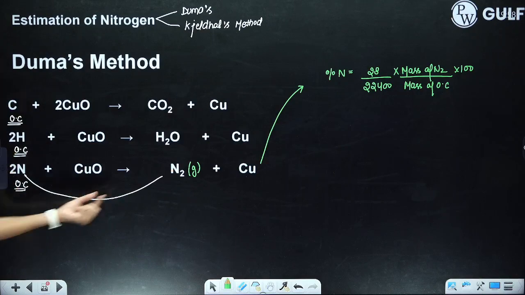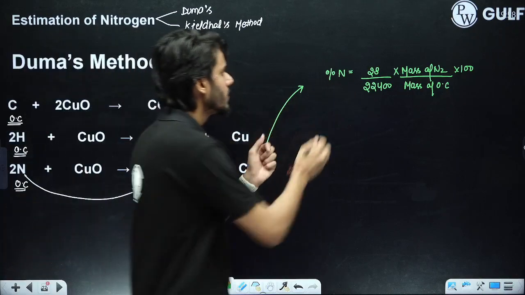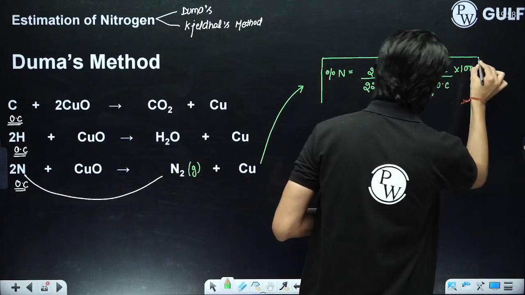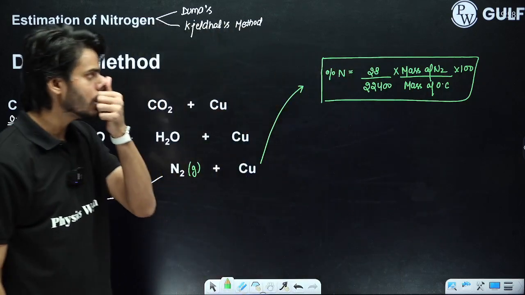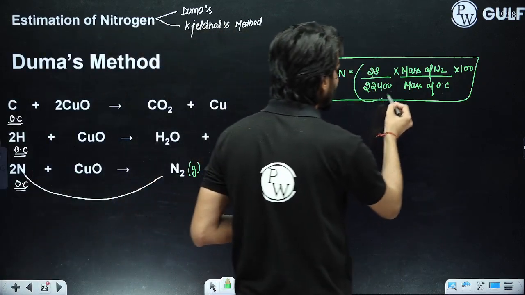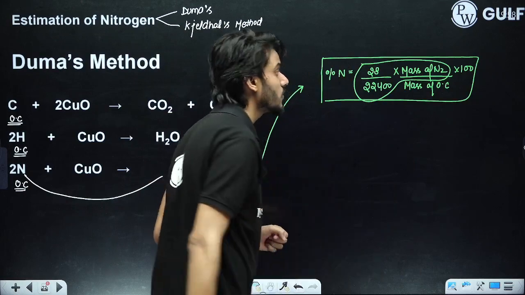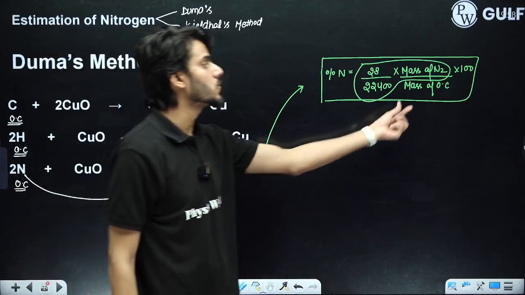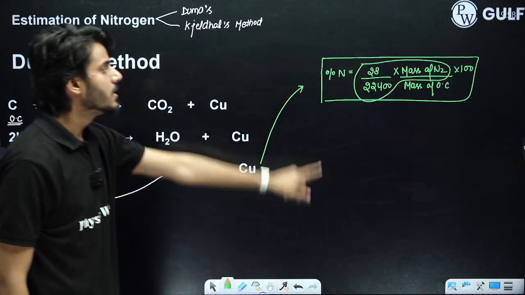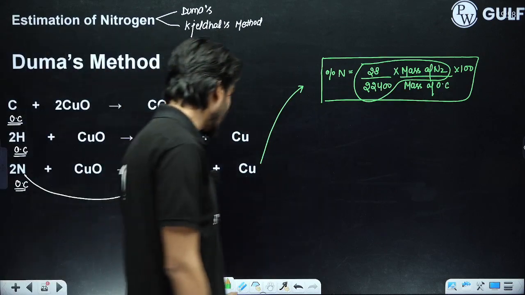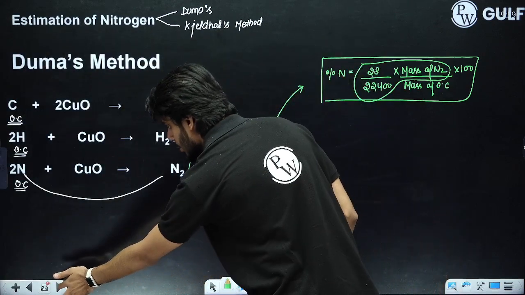Using this stoichiometric relationship, you can find the percentage of nitrogen in the given organic compound using this formula. This is nothing but the mass of nitrogen in the organic compound divided by the mass of organic compound multiplied by 100. This is how you get the percentage of nitrogen using the Dumas method, guys.